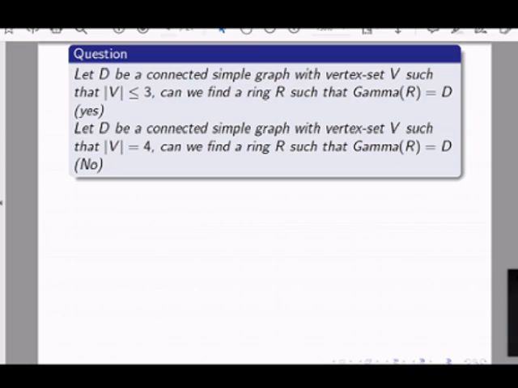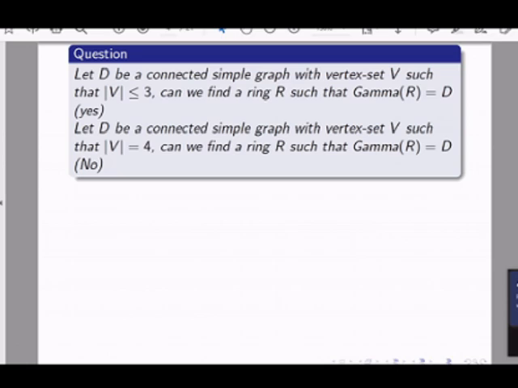So multiple edges are not allowed, loops are not allowed, even though later on others consider graphs where they allow loops. How do you get a loop? If you have an element in the ring where x squared equals 0, a nilpotent element, then you can map x to itself like a loop. But in the zero divisor graph, as we all know it, loops are not allowed. It is a simple undirected graph, and the graph is always connected.